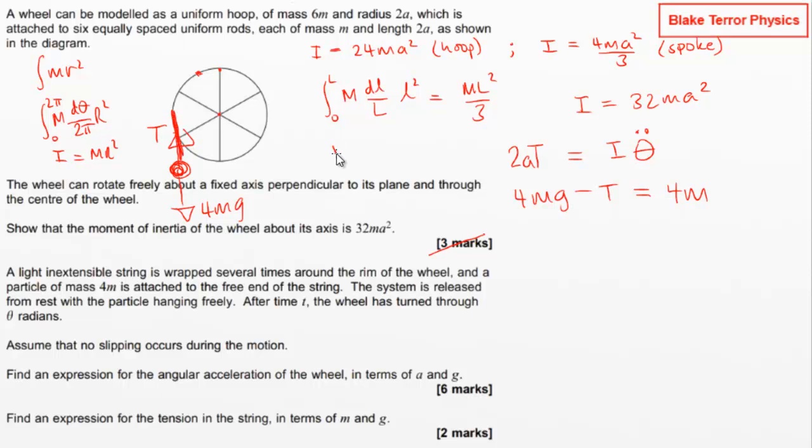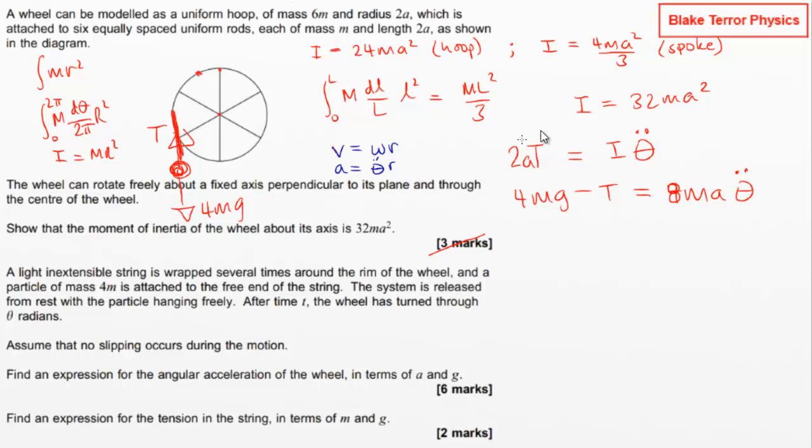If you think of our general finding, v equals omega r, differentiate both sides with respect to time and we've got acceleration is theta double dot times r. So instead of putting F equals ma into Newton's second law, we can use theta double dot times r, where r is 2a. So let's multiply all this by 2a. So make that an 8ma theta double dot.